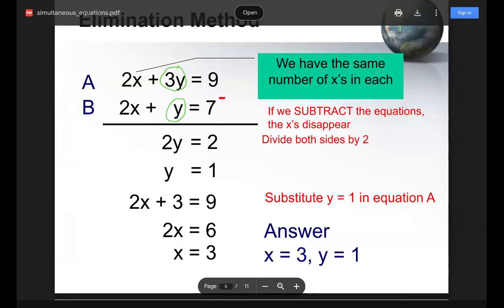One has 3y, and that one has only 1y. Because they do not have the same coefficients, you cannot solve them directly.